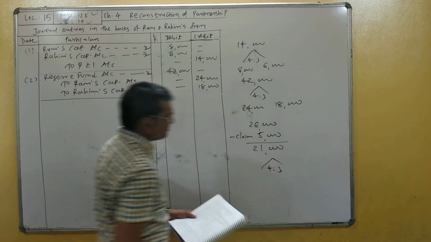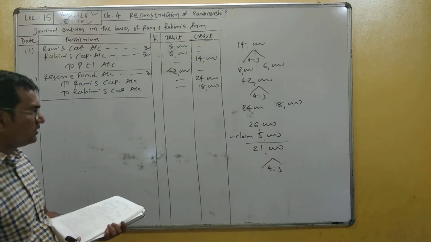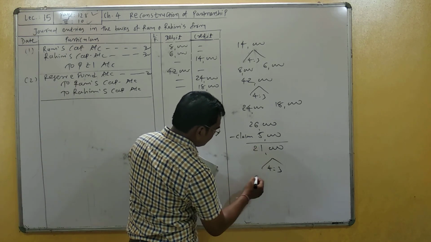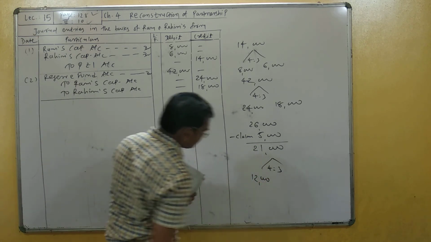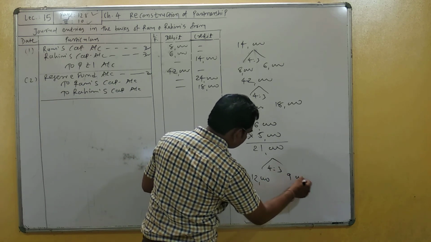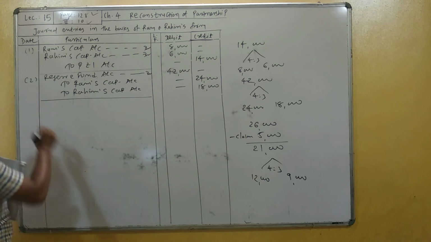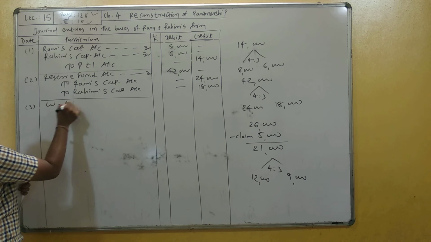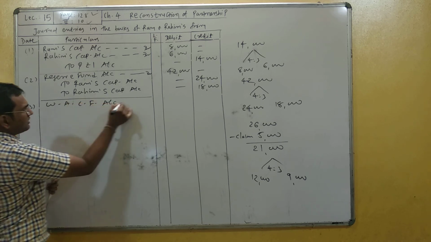So how much amount is distributed between partners of workmen compensation fund? 12,000, right, and 9,000. So the journal entry: workmen accident compensation fund account debit.